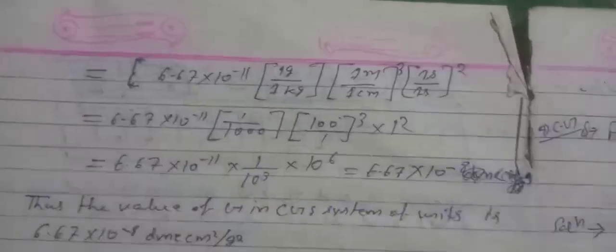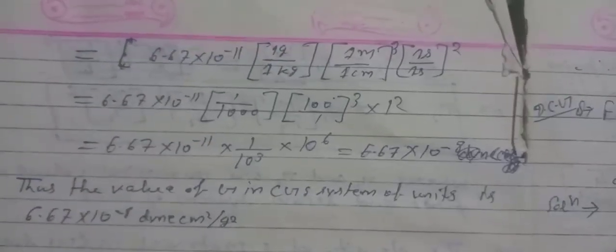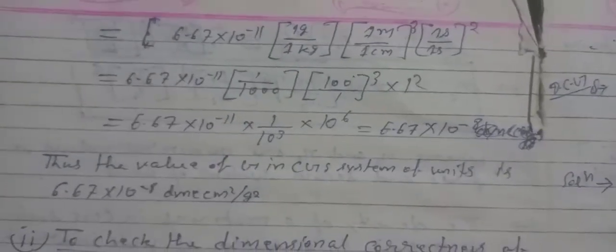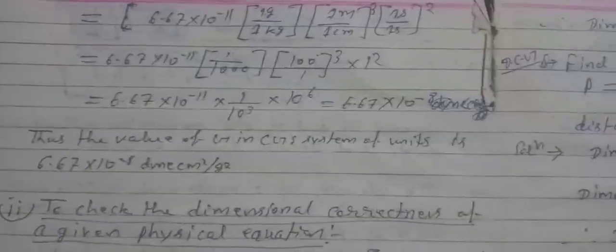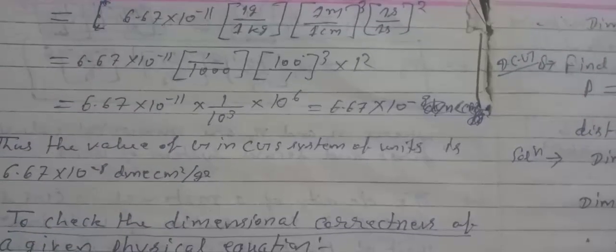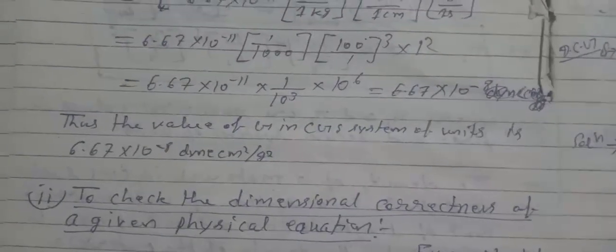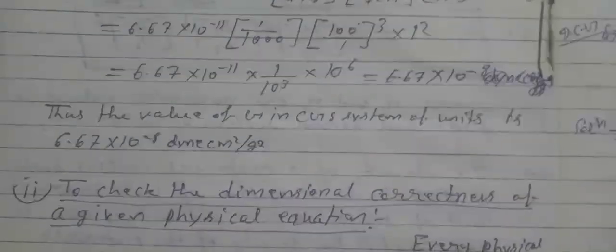Now 6.67 into 10 to the power minus 11, 1 gram by 1 kg, 1 meter by 1 cm, 1 second by 1 second, and solving we get finally 6.67 into 10 to the power minus 8. Thus the value of G in CGS system of unit is 6.67 into 10 to the power minus 8 dyne centimeter square per gram square.